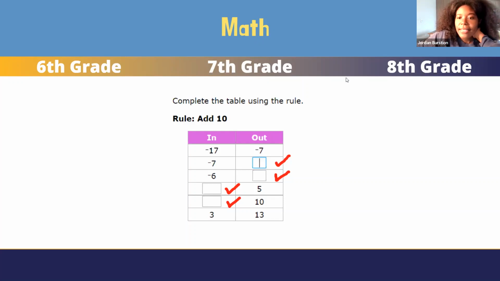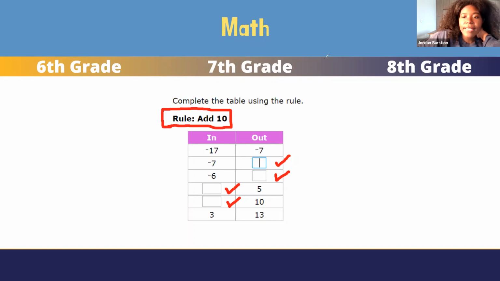Okay, all right. So thank you for trying that on your own, Aiden. Now I'm going to walk through it together. So this one says, complete the table using the rule. The rule, they've made it a little easier for us. They told us what the rule is, so we didn't have to figure it out. You add 10, all right?